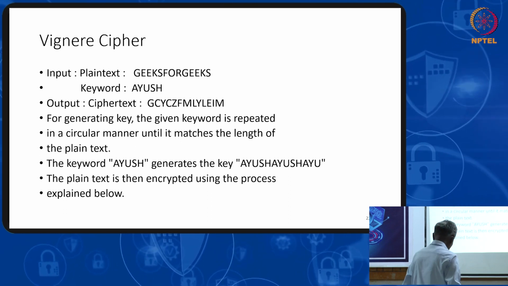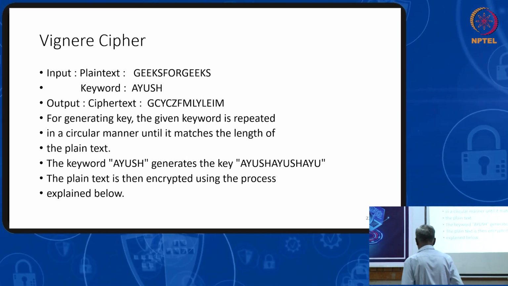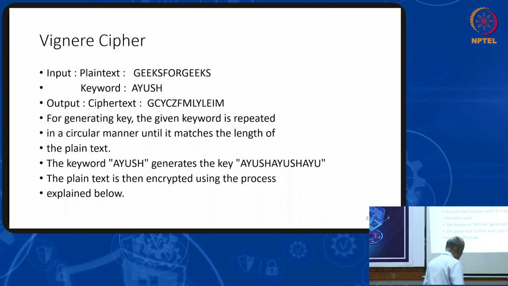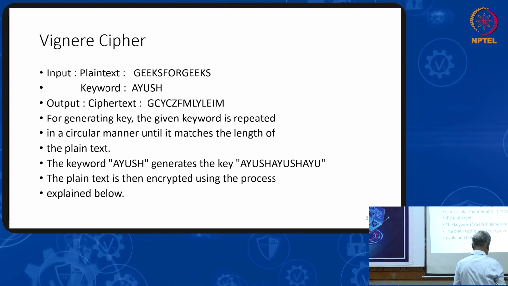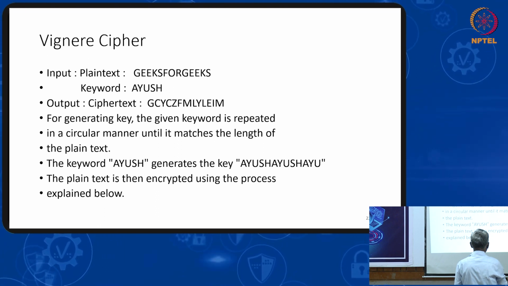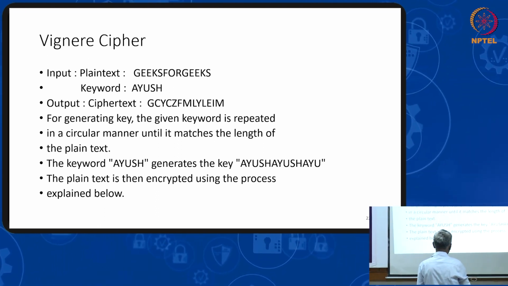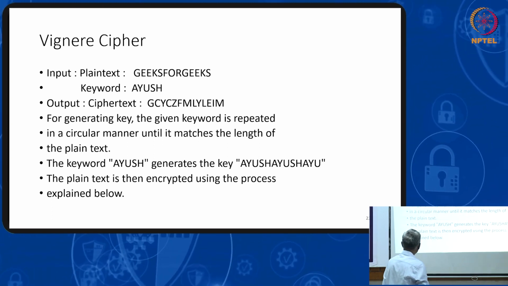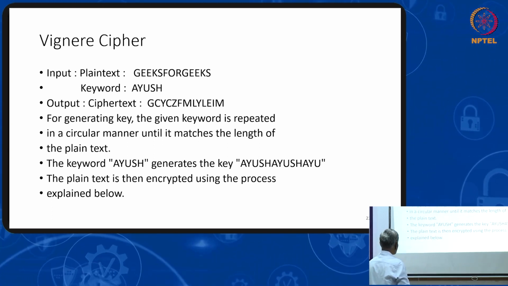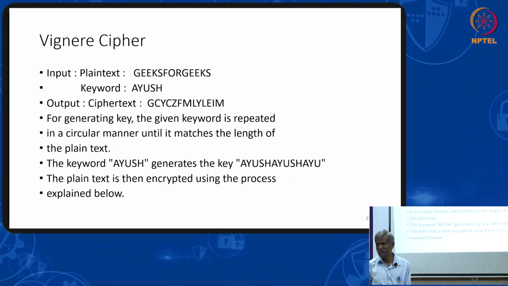You see where it is written. This place: 2 times "IYU", 1 time "AYU". The reason is that "jigs per jigs", the plain text, has 13 letters.